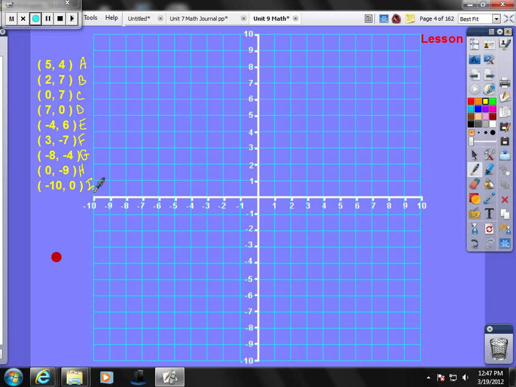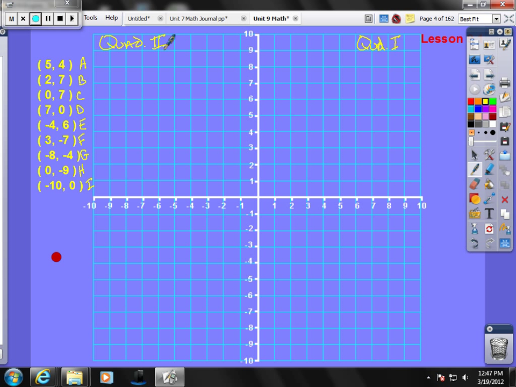Now I want to talk real briefly about a couple of different things on here. We have our coordinate plane, and we notice that it's broken up into 4 sections. Here's a section right here. We are going to call this quadrant number 1. And just to the left of that is going to be quadrant number 2.